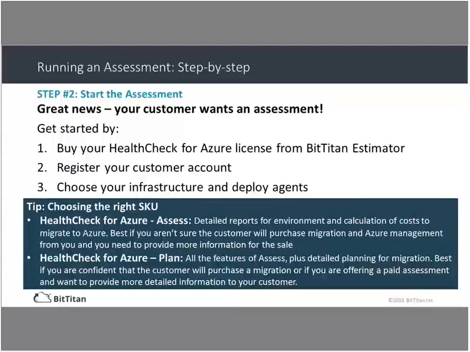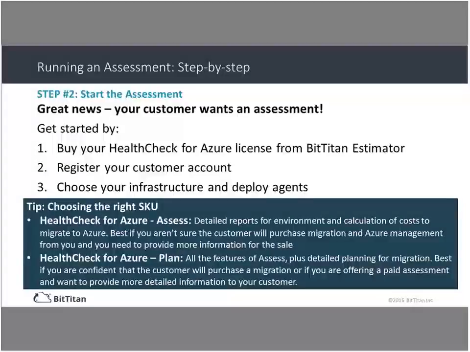So just a couple of tips about choosing the right SKU. We've really got 2 separate SKUs. There is Health Check for Azure Assess and Health Check for Azure Plan. So in the Assess, you deploy the agent on the physical Hyper-V servers or physical servers that are in the environment, and it'll do that initial ROI assessment. In Plan, it has all the features of Assess, but also adds a way to actually plan the migration out by understanding the dependencies.